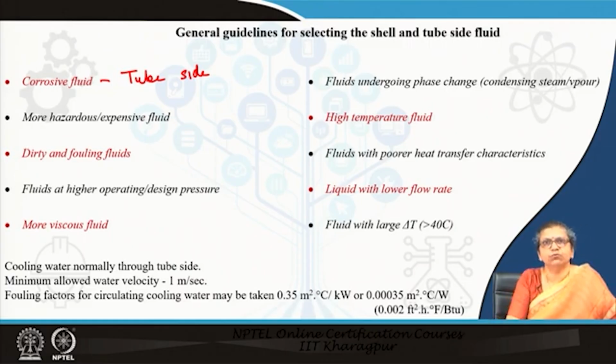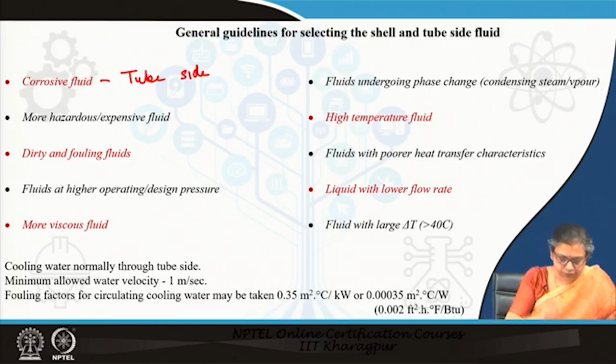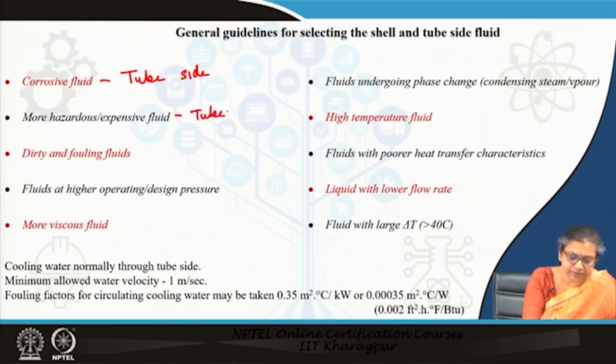Definitely, when you are working with a more hazardous fluid, you would not want the fluid to leak out, right. If it is in the shell, then there is a greater chance of leakages through the space between the inner pipe and the outer pipe. We put gaskets etc., but there are still chances of leakages. So, naturally, when we go for hazardous fluids or more expensive fluids, we would prefer to keep them on the tube side.